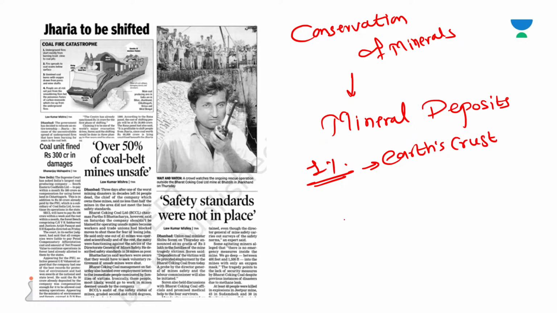The geological processes of mineral formation are so slow that the rates of replenishment are indefinitely small in comparison to the present rates of consumption. Mineral resources are therefore finite and non-renewable.